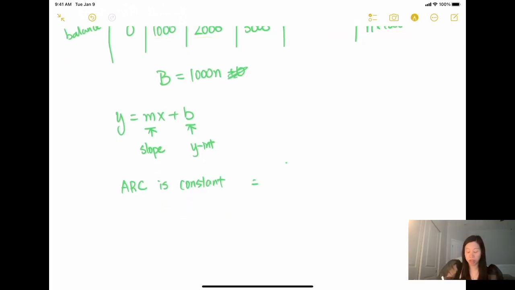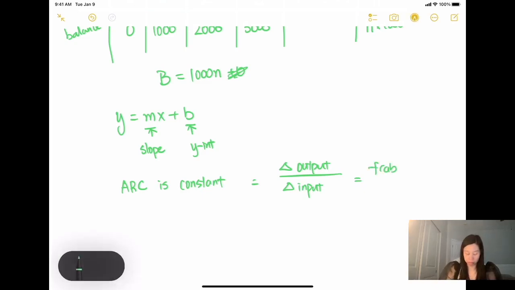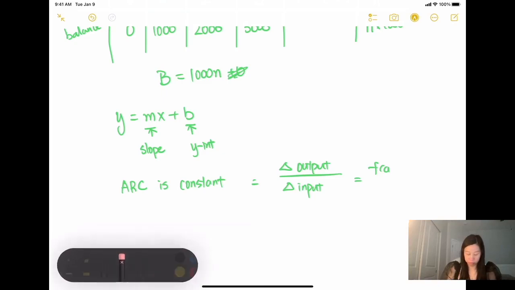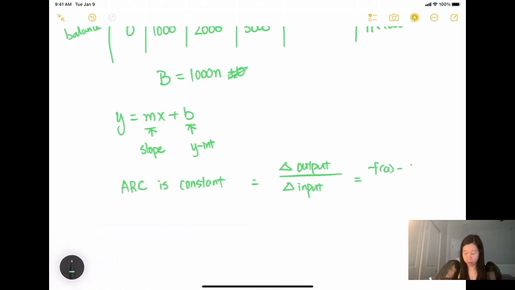Remember, delta means the change in output over the change in input, so the change in output would be f(a) minus f(b), over a minus b.